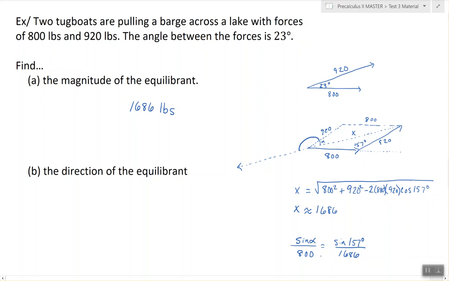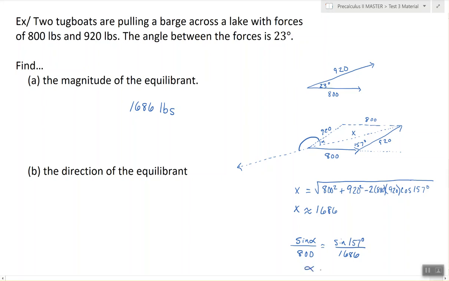So we're going to cross multiply and take the inverse sine. We multiply both sides by 800 and take the inverse sine. So inverse sine of 800 times the sine of 157 degrees divided by 1,686, and then close the parentheses.